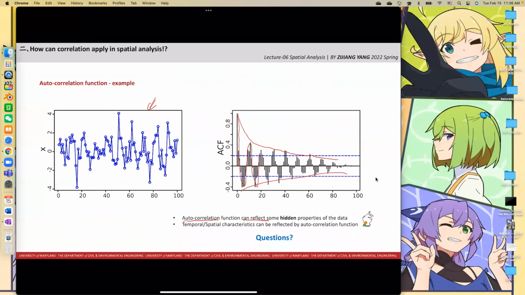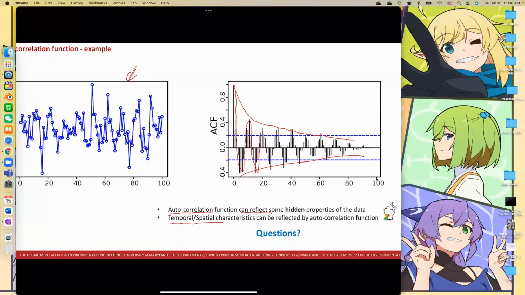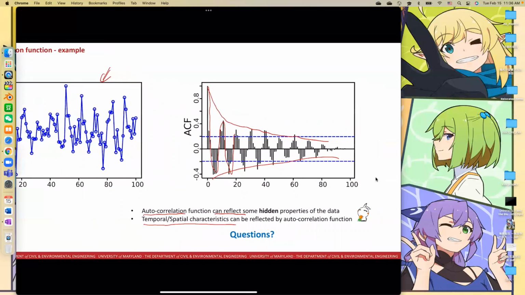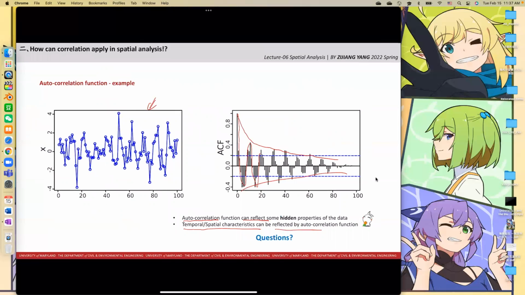So it is a combination of the characteristics that we observed before. And so the temporal or spatial characteristics of the data can be reflected by the autocorrelation function. So these are two take-home messages. So for this one, do you guys have any questions?